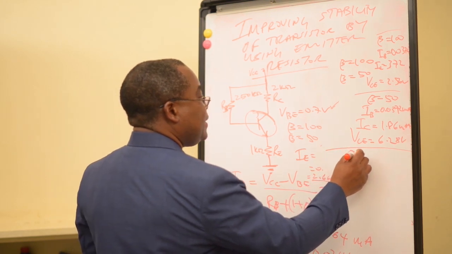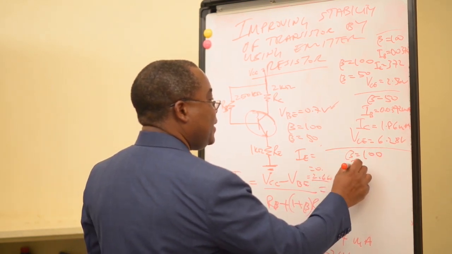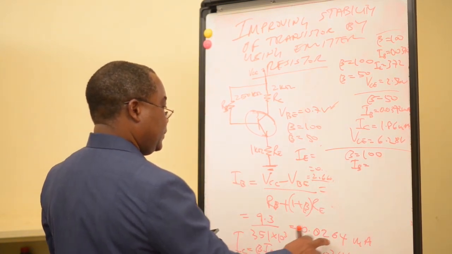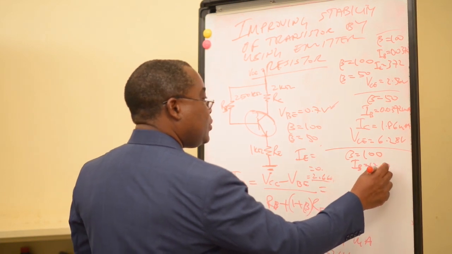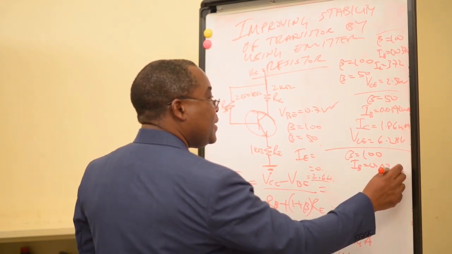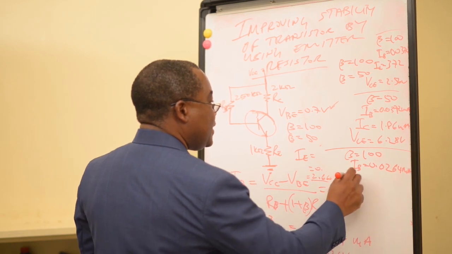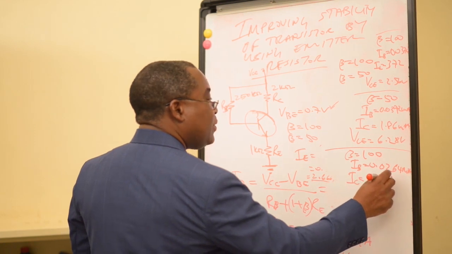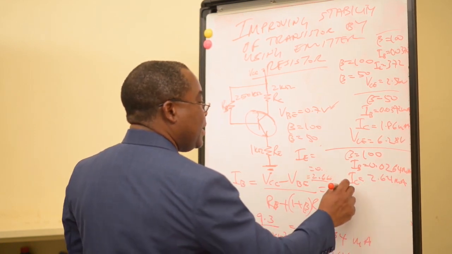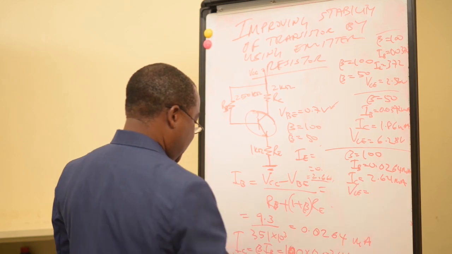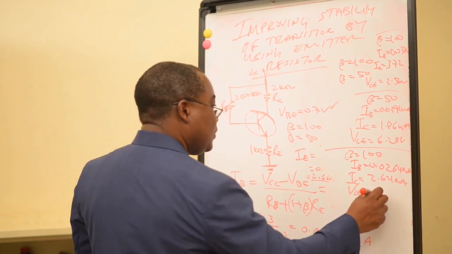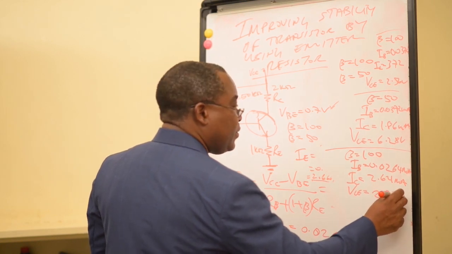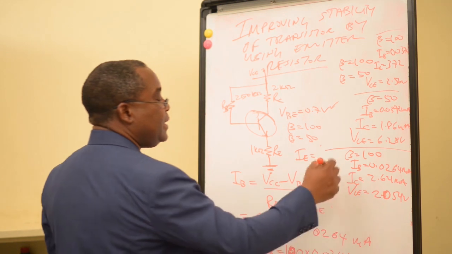My beta at 100, my IB is 0.0264 milliampere. My IC is 2.64 milliampere. And my VCE is 2.054 volts. These are my data.